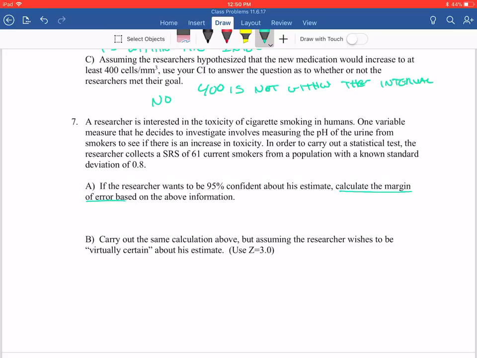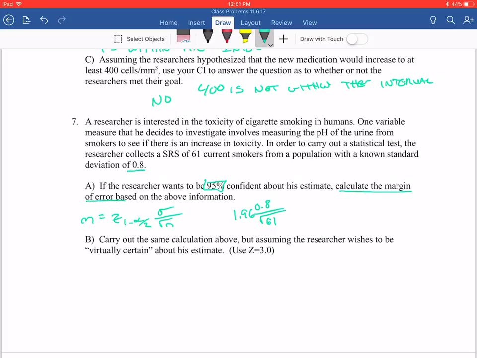Our margin of error formula is m equals our z 1 minus alpha over 2 times the standard deviation over the square root of n, which we can also say is our standard error. Well, we know 95% confident is going to be a 1.96 for z 1 minus alpha over 2. The standard deviation, they tell us, is 0.8 divided by the square root of n, which we know is 61.